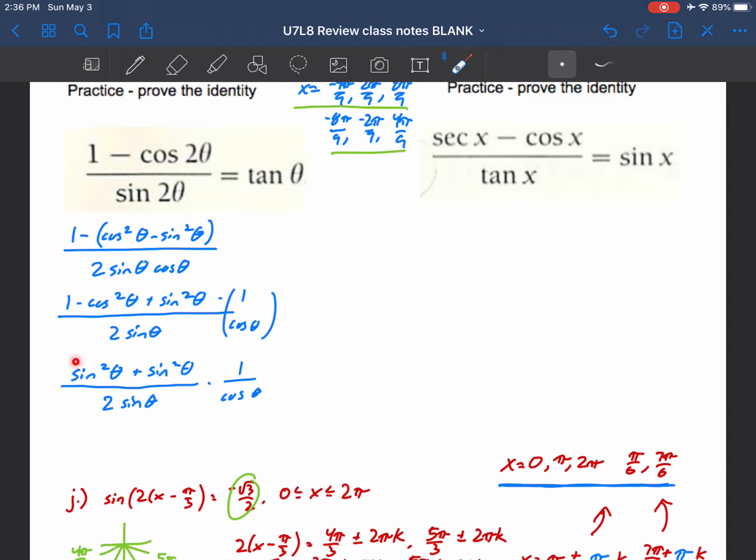This is going to equal 2 sine squared, and the 2 will cancel. Sine squared over sine is just sine on the top. So this is equal to sine theta times 1 over cosine theta, which is tan theta. Done.